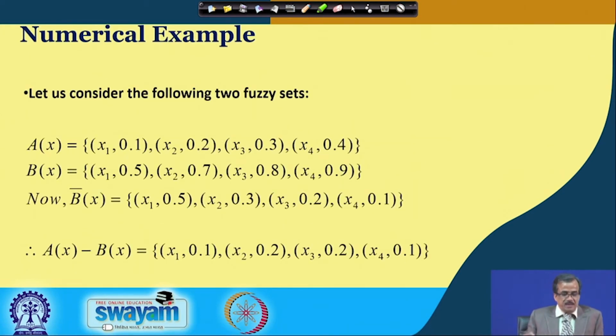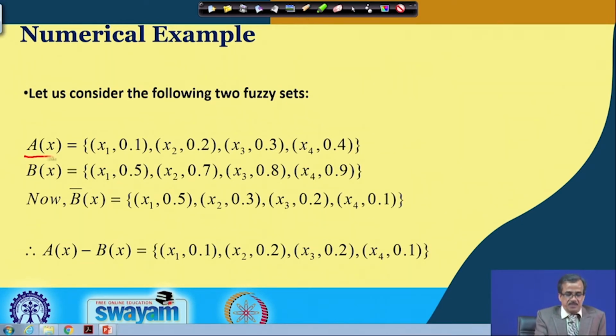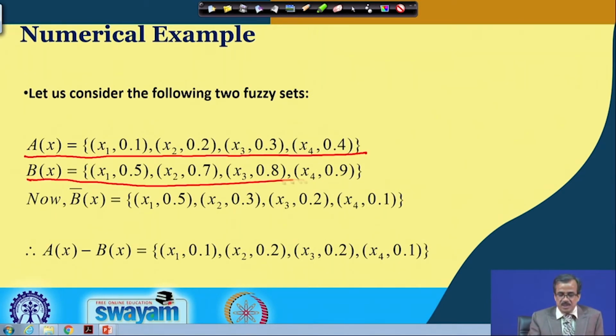Supposing that A(x) is a discrete fuzzy set something like this, and B(x) is another discrete fuzzy set something like this. We try to find out its complement, that is B bar(x). For x1, it is 1 minus 0.5, that is 0.5.